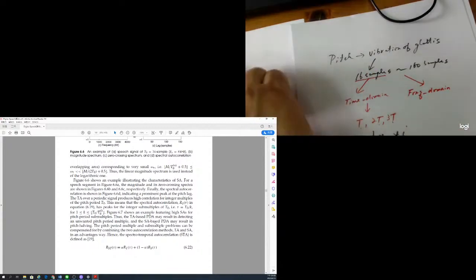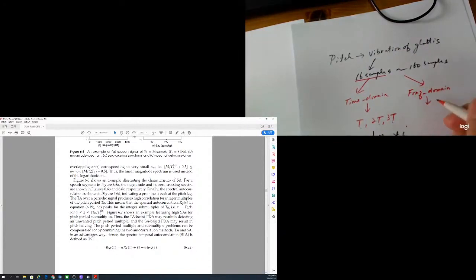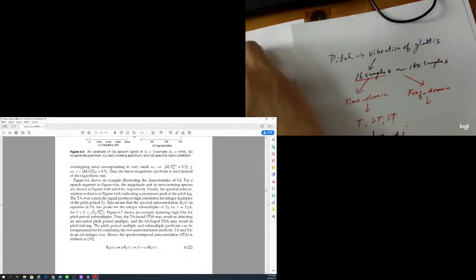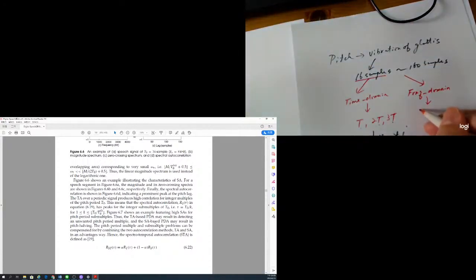In frequency domain, you will easily find F0, 2F0, and 3F0. So that one indicates T, 1 over T. This one indicates T over 2, T over 3.